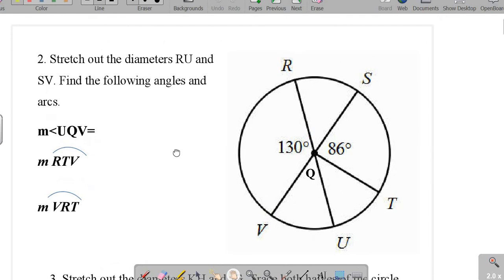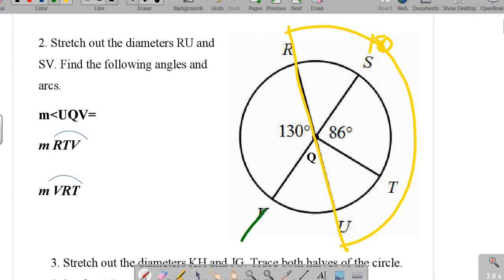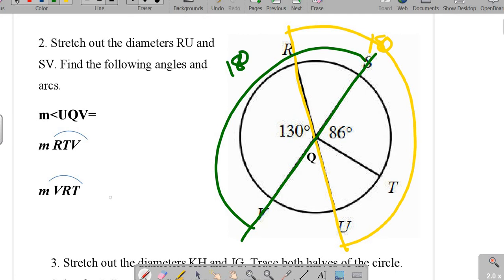Now we're going to work on major arcs. Stretch out diameters, RU. Trace, stretch, sweep, 180. And SV. Find the following arcs.